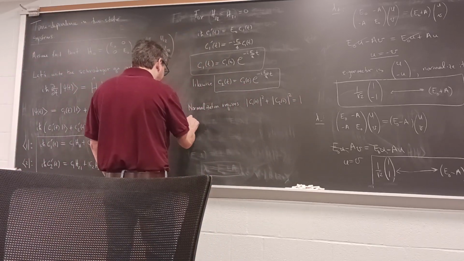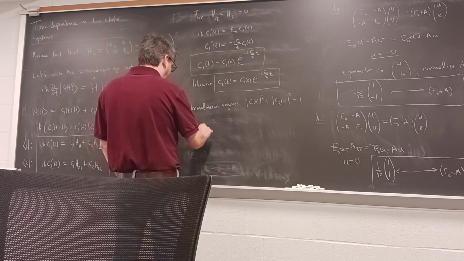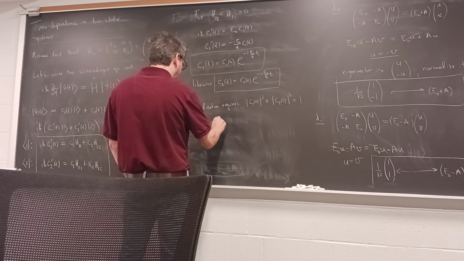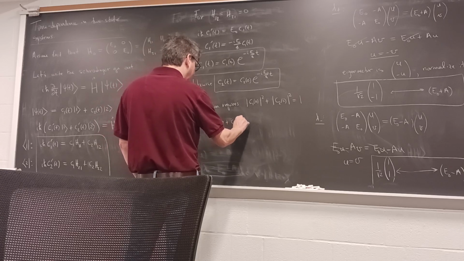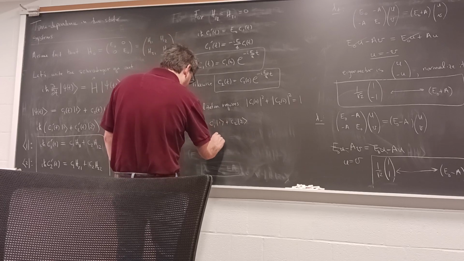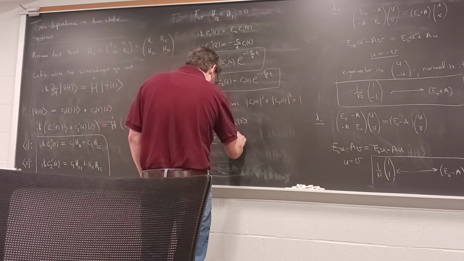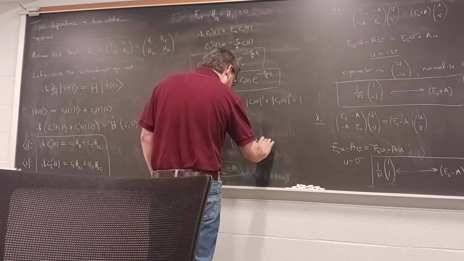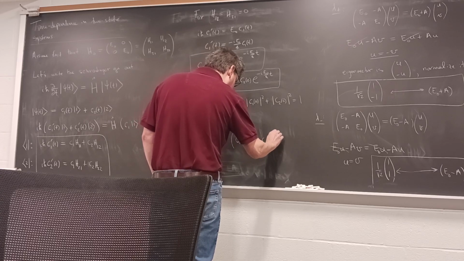So if we had any state psi that was C1 1 plus C2 2, I can write that as e to the minus i E0 over ħ t times C1(0) 1 plus C2(0) 2.